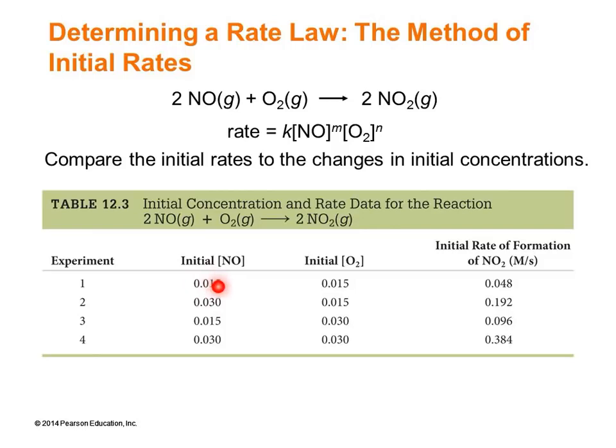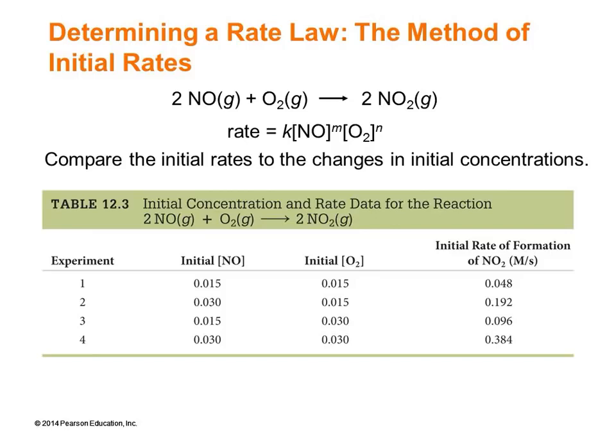You control your reactant concentrations so that you're keeping all but one of your reactants constant. The other reactant, you're changing its concentration, and you're seeing how the rate responds to that change in concentration.